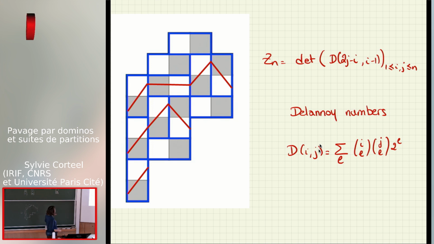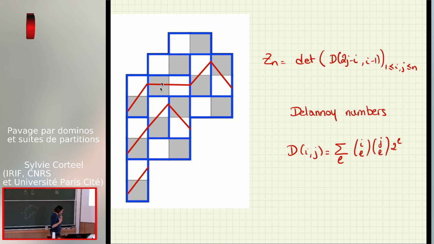These are paths that go up, east, and down, with three kinds of steps, starting at (0,0) and ending at (i,j). And we have a pretty nice enumeration formula, namely the sum over L of i choose L, j choose L, 2 to the L. It means you do i east steps and j north steps, and L is the number of steps that are horizontal here. You choose some corners that are going to be horizontal.